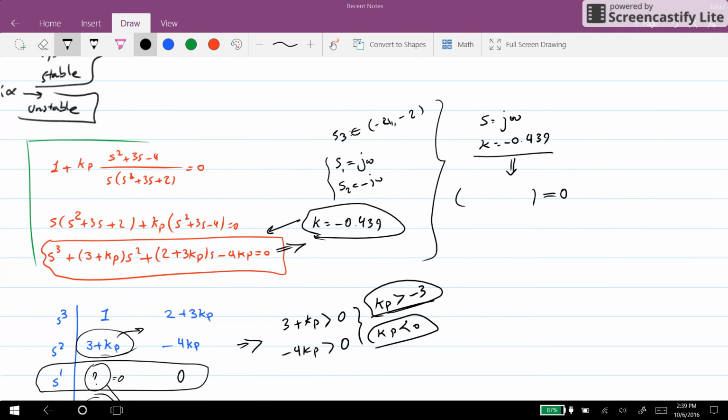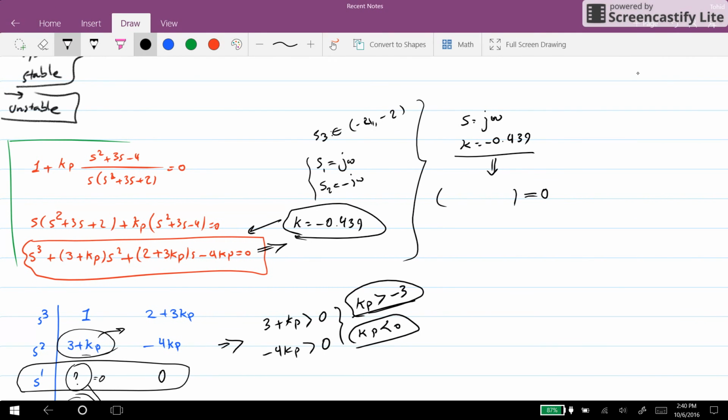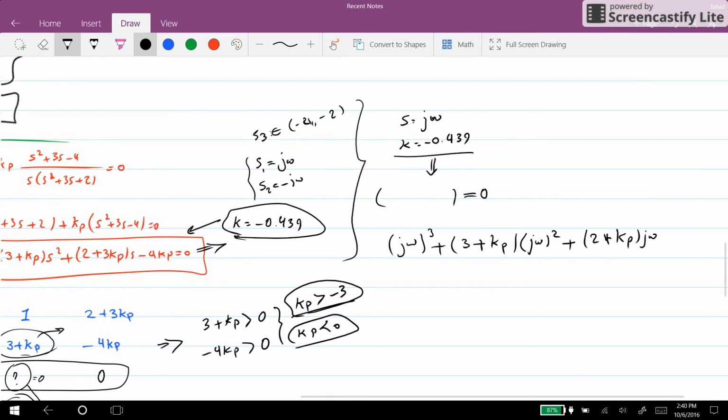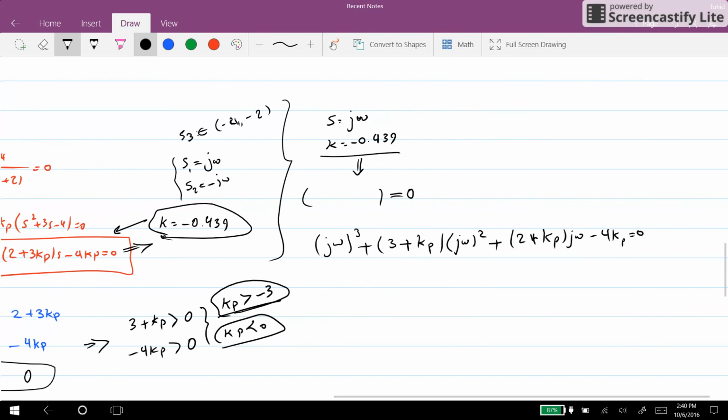We have s to the power of 3, replacing it with j omega, we will have j omega to the power of 3 plus 3 plus kp times j omega squared plus 2 plus kp times j omega minus 4 kp equal to 0.